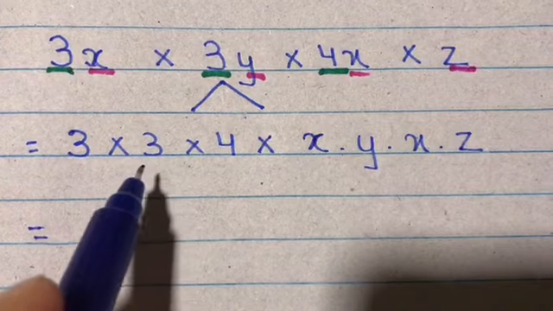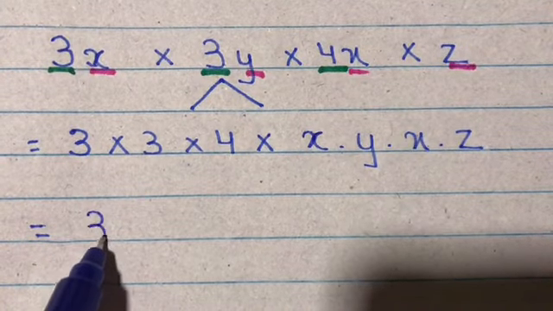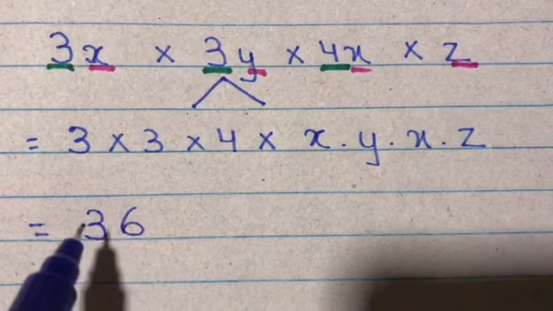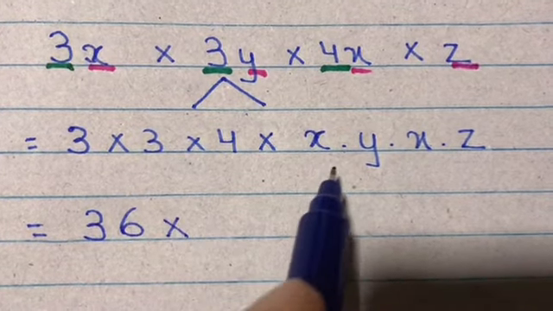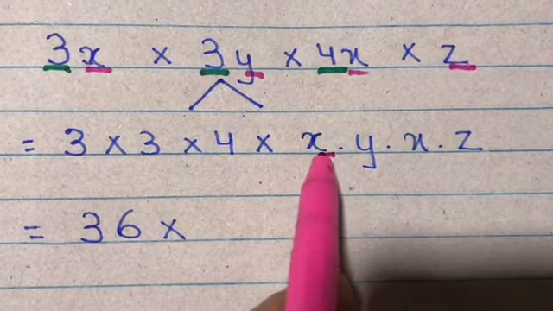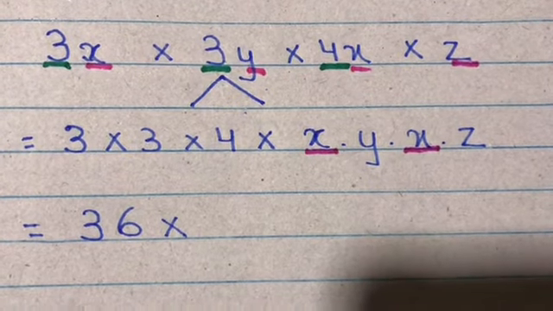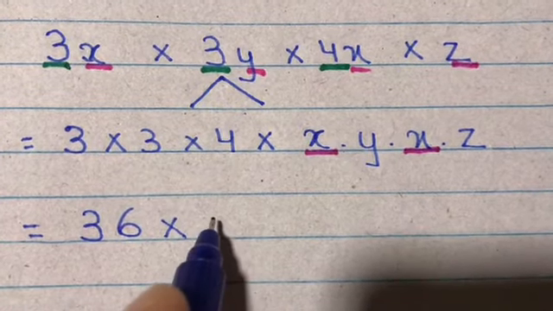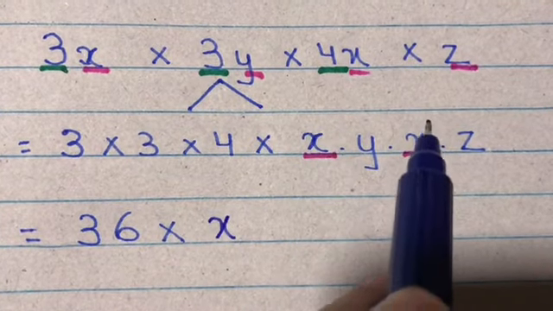Now 3 times 3, 9, 9 times 4, 36, right? Multiplied by, now X is how many times? Just check before you write down the letters, see how many times is X. X is 2 times. So you're going to add up the powers, x1, x1.